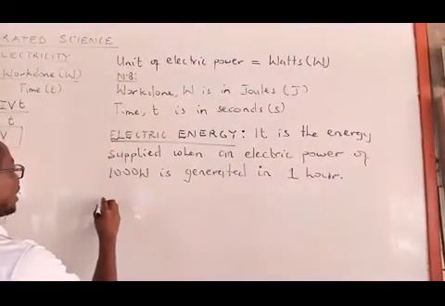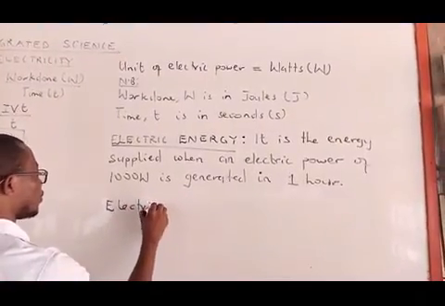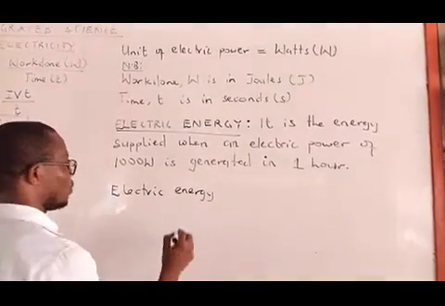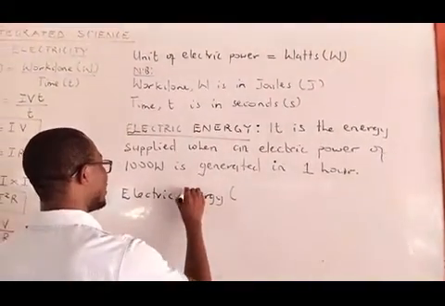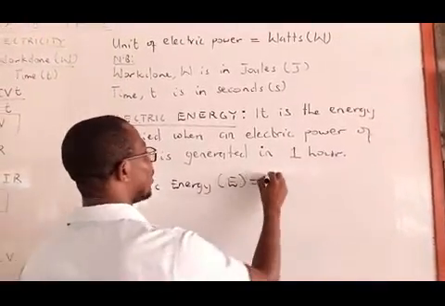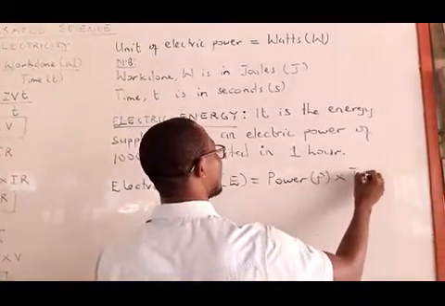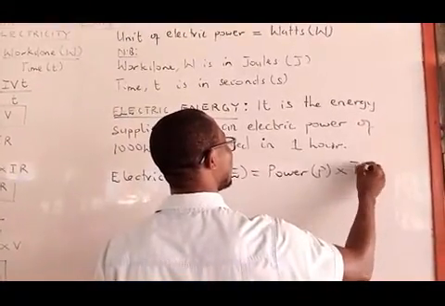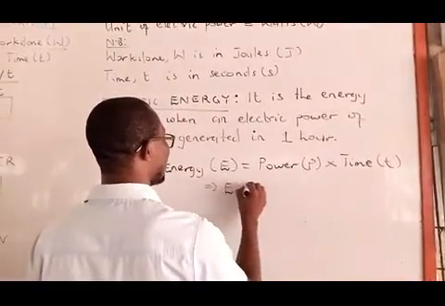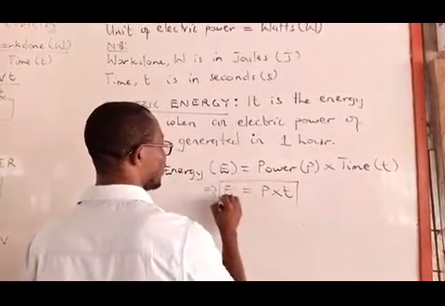So from the definition, electric energy, you represent this as E is equal to the power, electric power, times time. So you have E is equal to PT, power times time.